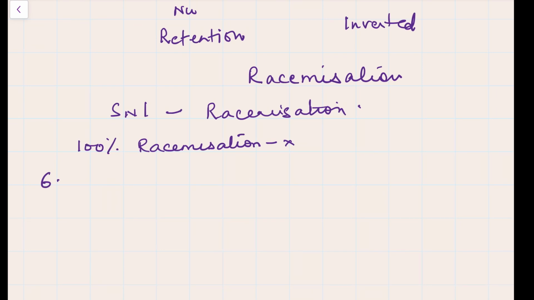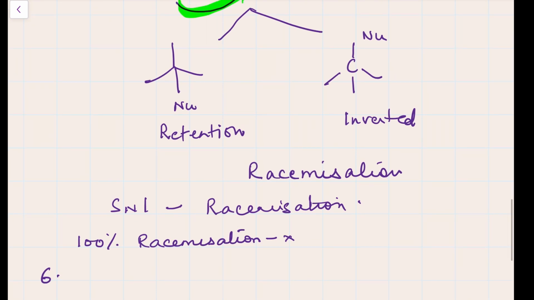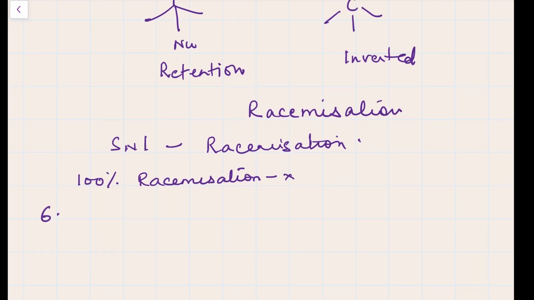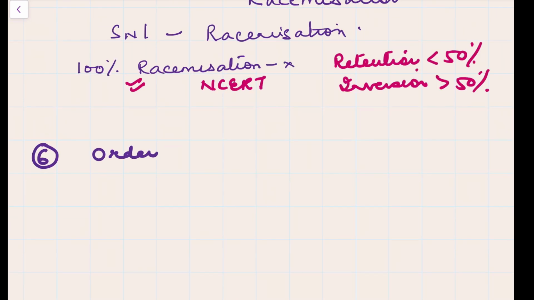NCERT writes 100% racemization, but otherwise the inverted product will always be more than the retained product. So retention will always be less than 50 and inversion will be greater than 50. If we look at the order, it is always 3 degree greater than 2 degree greater than 1 degree.